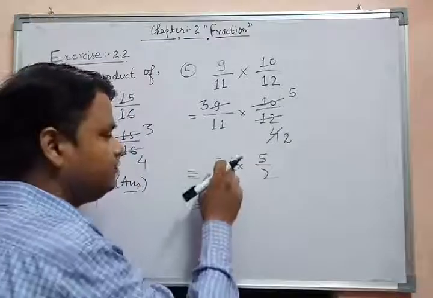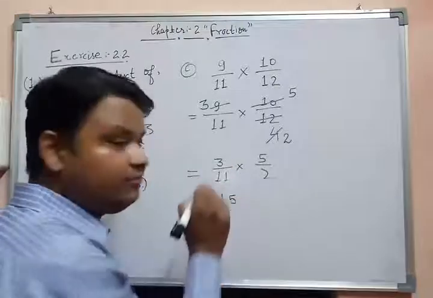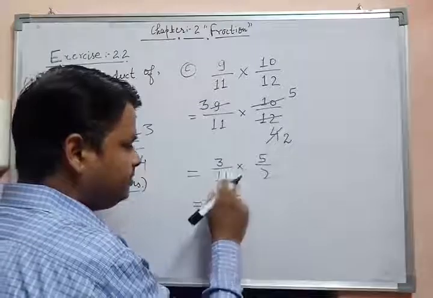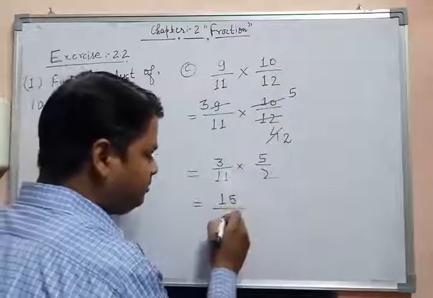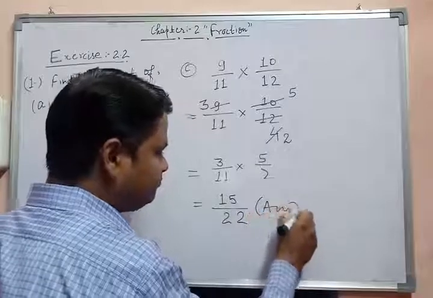It means you multiply 3 into 5, we get 15, and 11 times 2 gives 22, and this is the answer.